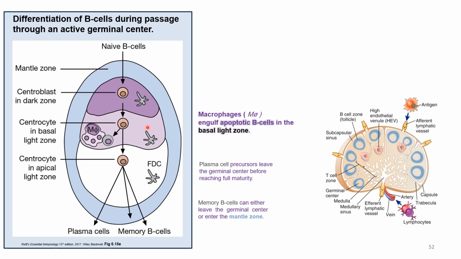capture free-floating antigens, and these free-floating antigens are actually immune complexes. There's something called complement factor, which is part of the humoral system. These are proteins which capture antigen and basically just cross-link it.